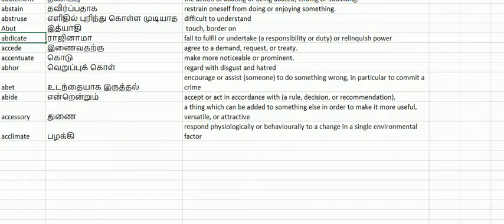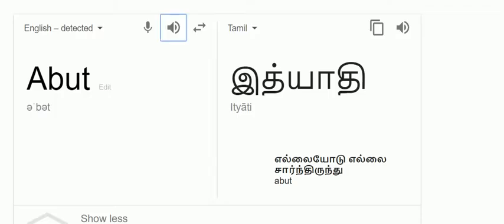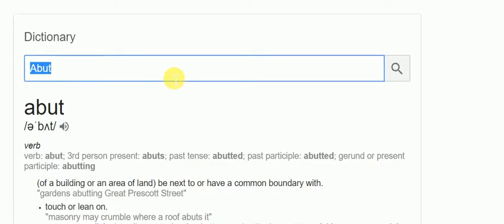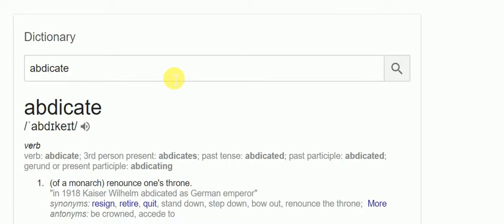The next vocabulary is abdicate. To renounce one's throne, that is, someone who resigns their position.